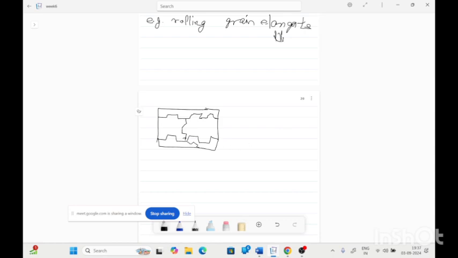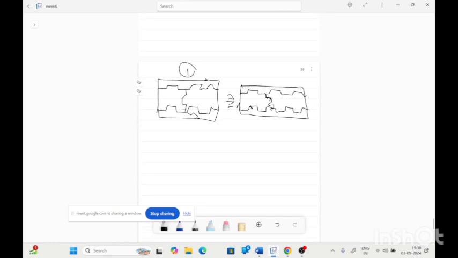In the second step, with deformation, the width decreases, which leads to shrinking of the grains, and the grain boundaries come near to each other. This is the second step.